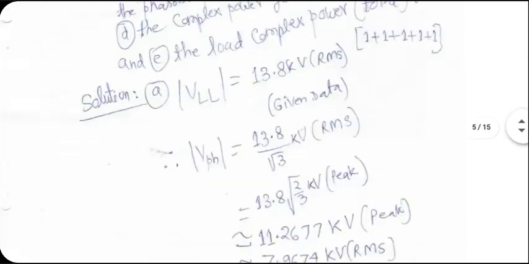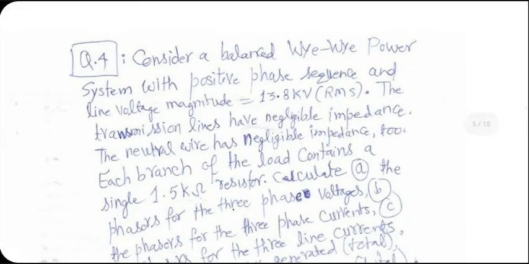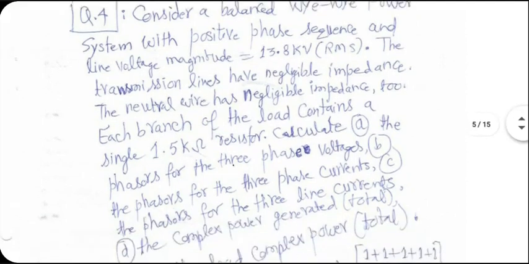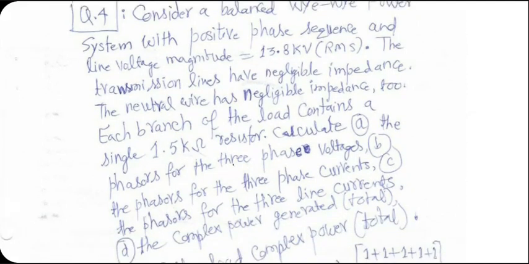Now part B, the phasors for the three phase currents. Yeah, they want phase currents first. Fine.